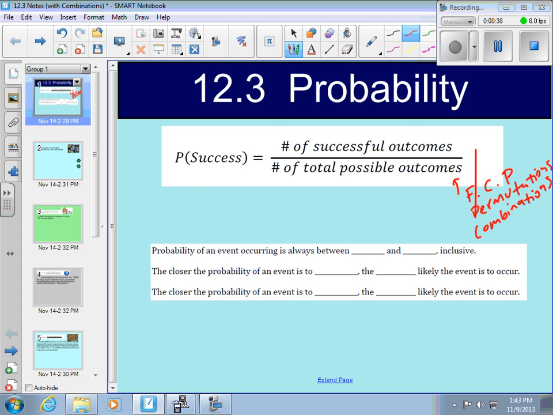When we talk about probability, it is always going to occur between 0 and 1 inclusive. By 0 and 1, that's in whole number terms. If you were thinking in terms of percentages, that would be between 0% and 100%.